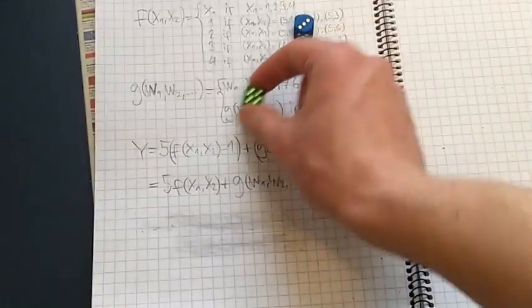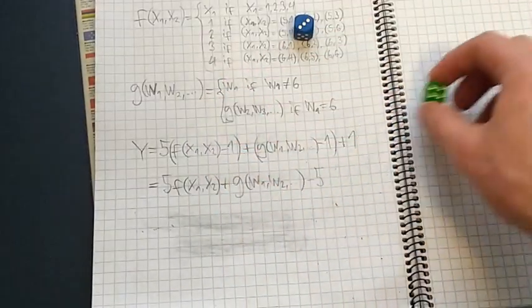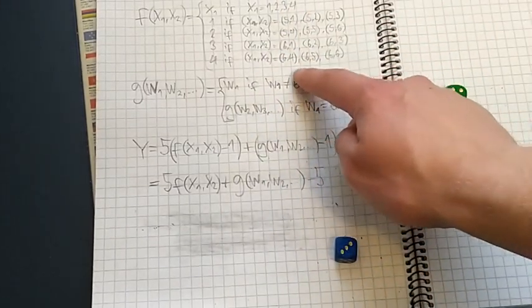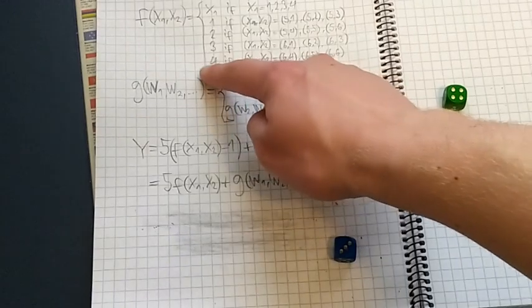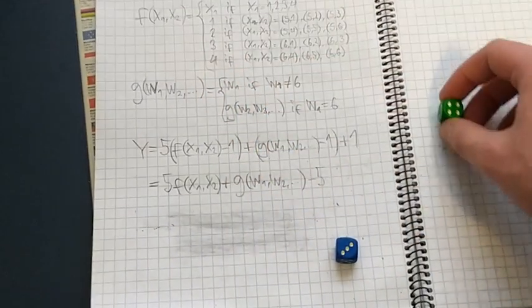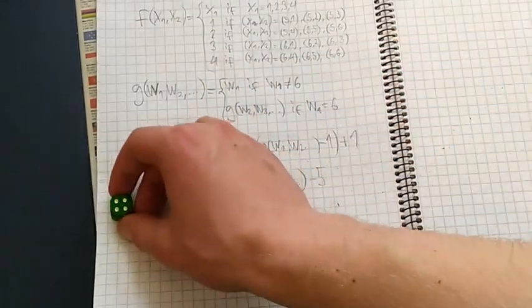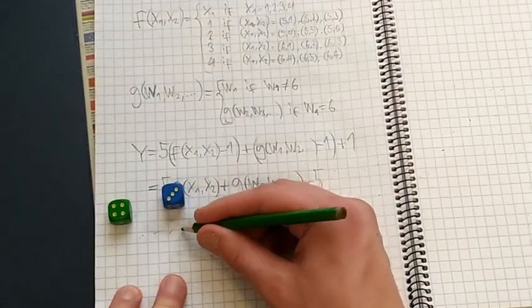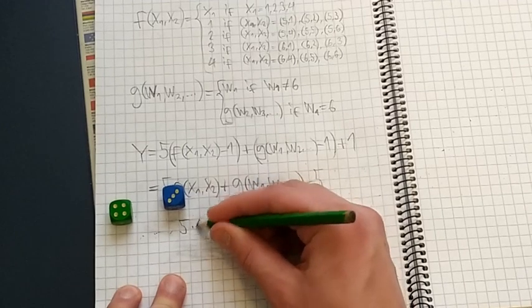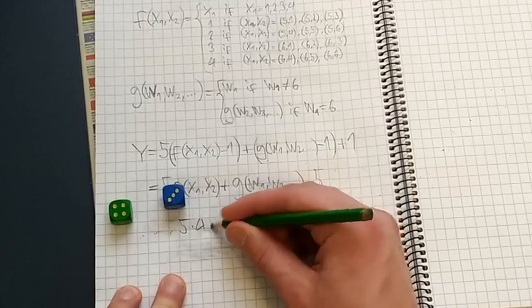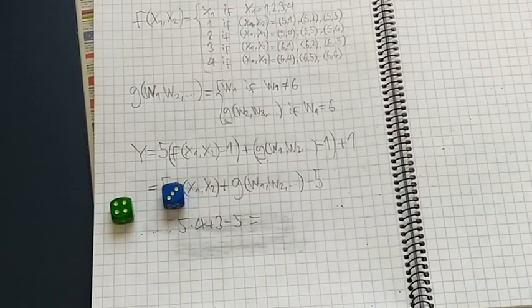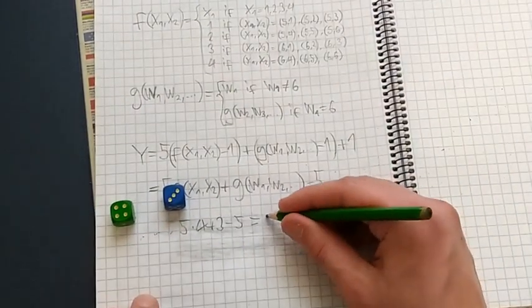The second roll of green was 4, which means, according to the definition of f, that f(x1, x2) will be 4, since the rolls were 6 and 4. So we rolled a green 4 and a blue 3, which will give us 18.